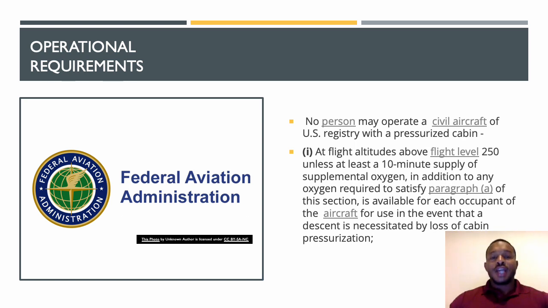It includes each occupant of the aircraft to use in the event of a descent that is necessitated by loss of cabin pressure. So simply what that means is the FAA already has oxygen requirements for specific altitudes. Like there's an oxygen requirement starting at 12,000 feet, going up to 14,000 feet, and each additional level has a different oxygen requirement. So even if you're in a pressurized cabin, you still have to meet those requirements.